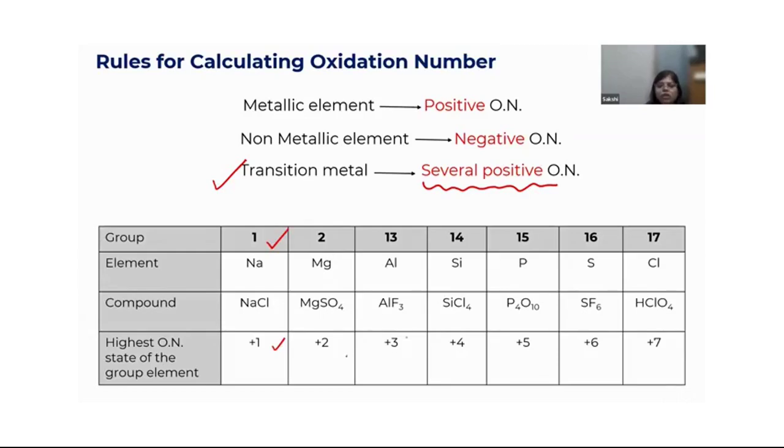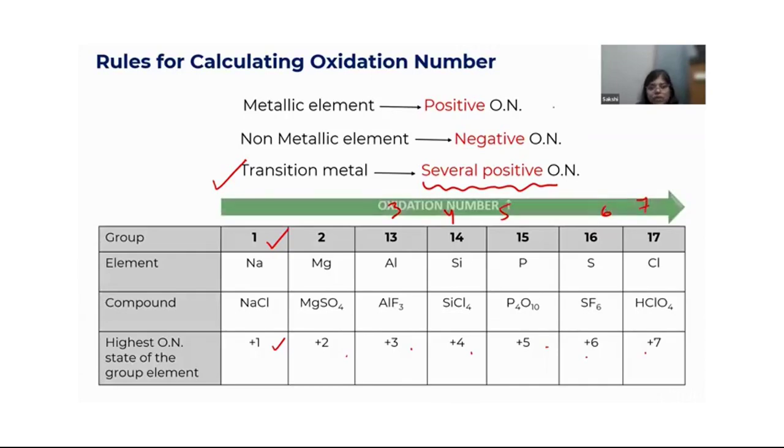Magnesium has +2, aluminium +3, silicon +4, phosphorus +5, then 6, 7. Usually, like phosphorus, the highest oxidation state is +5, which is equal to the group number. Groups 13, 14, 15, 16, 17 are also known as group 3, group 4, group 5, group 6, and group 7, right? So as we move from left to right in the periodic table, the oxidation number increases.